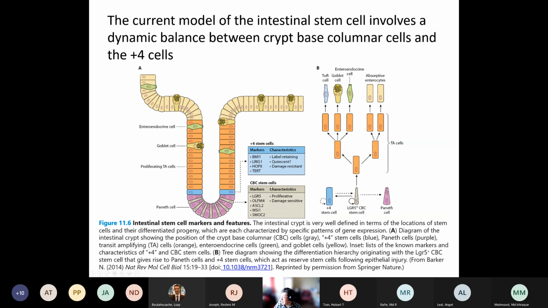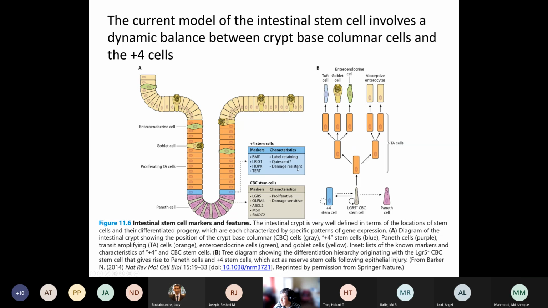But the special thing of this columnar stem cell is that they are proliferative. They self-renew very, very actively, but they're also damage sensitive. That means if you apply some kind of damage like irradiation, you can eliminate these cells at the very bottom of the crypt. Well, the +4 cells are kind of quiescent. They're not very highly proliferative, not as proliferative as the cells at the bottom of the crypt.